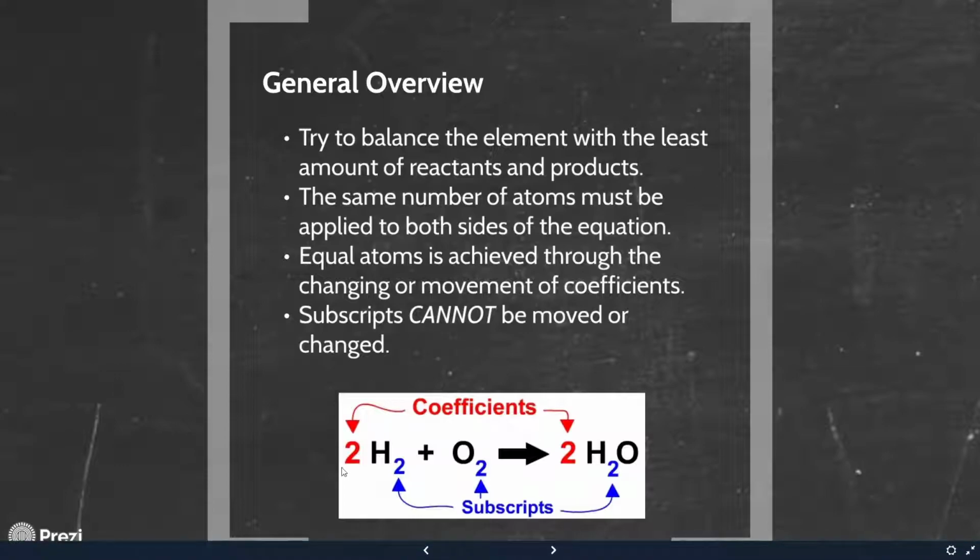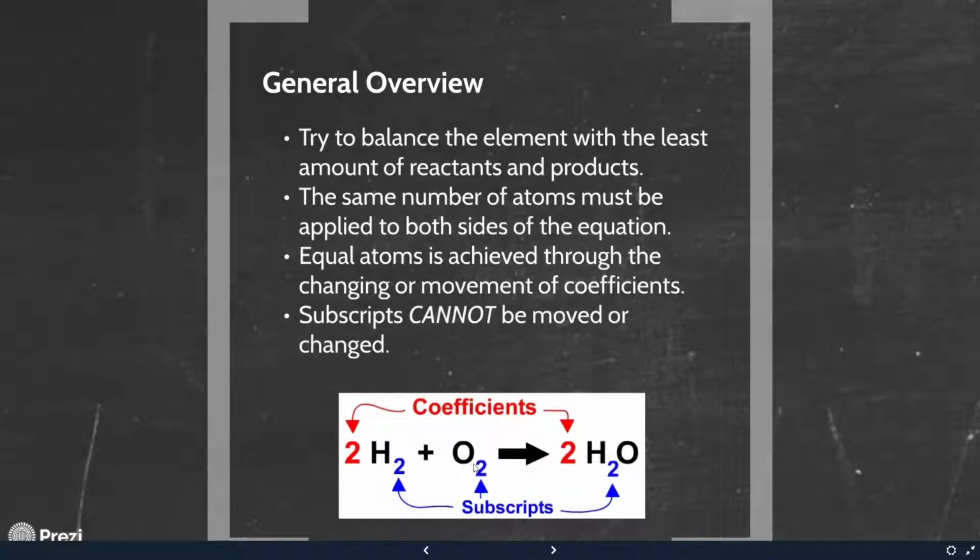If you notice in this problem, which has hydrogen and oxygen coming together to make H2O, we have coefficients in front of the hydrogen, and that multiplies by how many hydrogen atoms there are in that formula. So on the left side, we have 4 hydrogens, and on the right side, we also have 4 hydrogens.